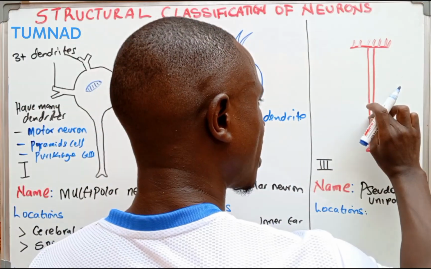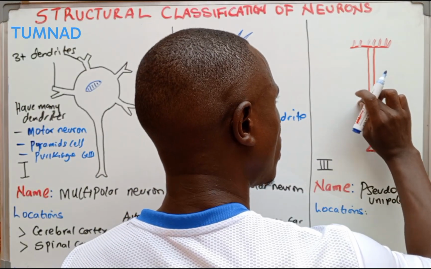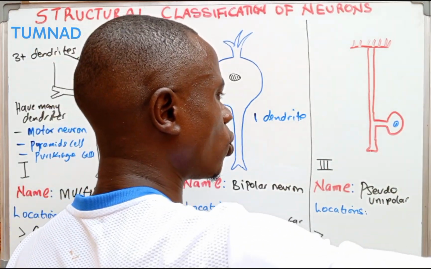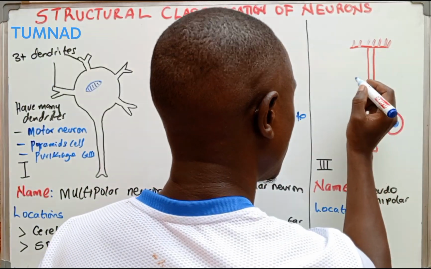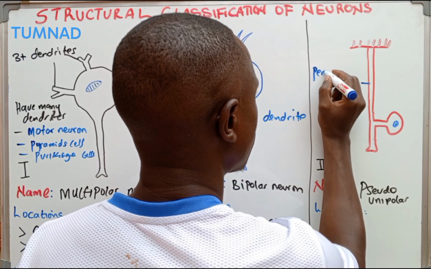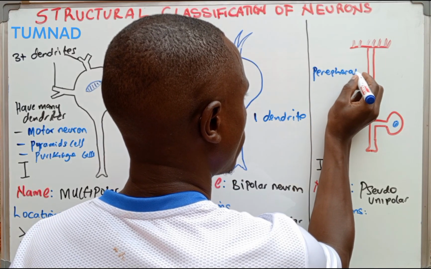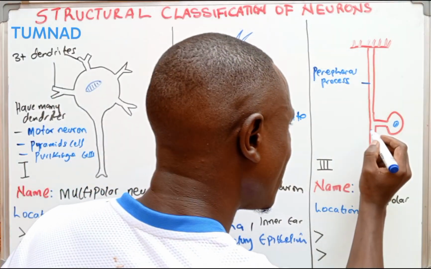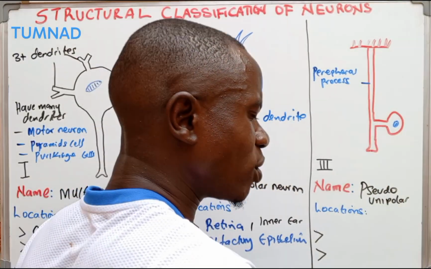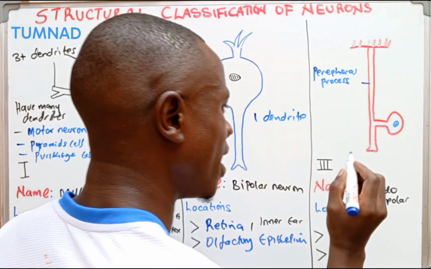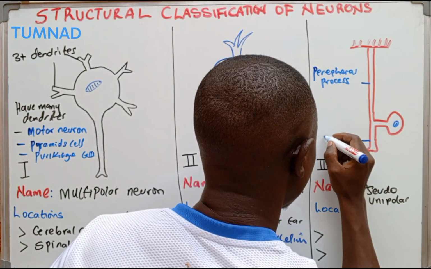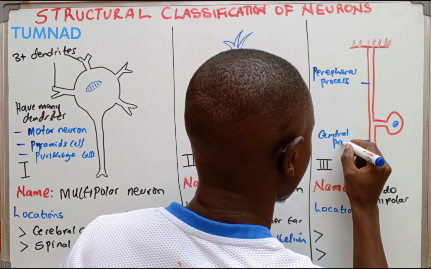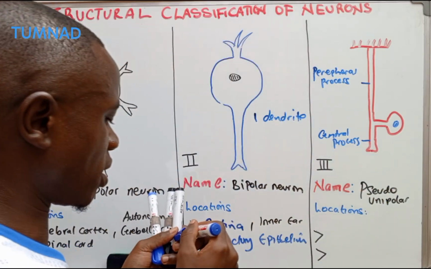The extension towards the area where they pick up the information, towards the skin or the peripherals, is what we call the peripheral process. And the area close to the central nervous system is what we call the central process.